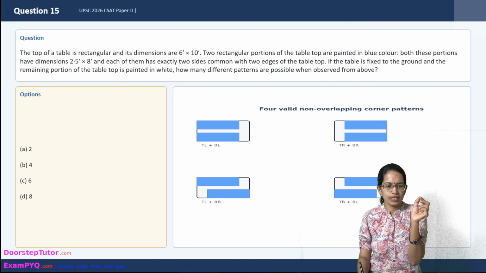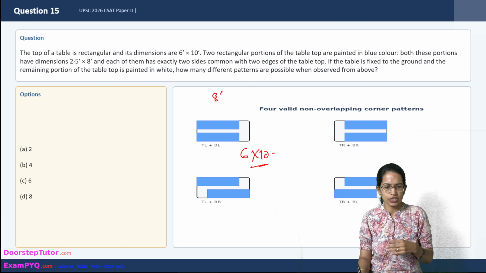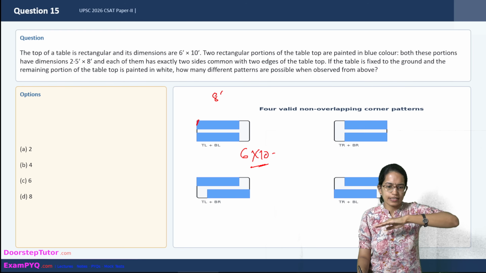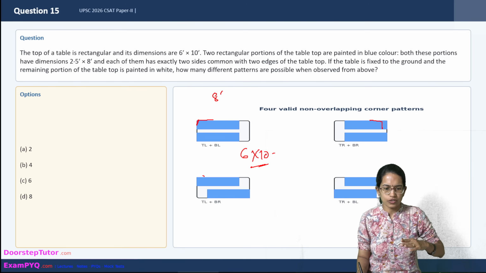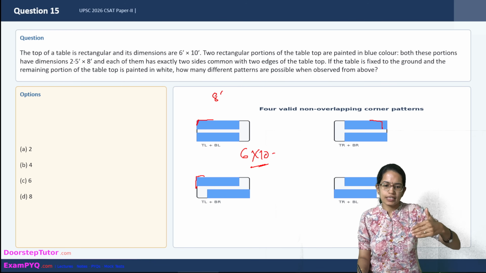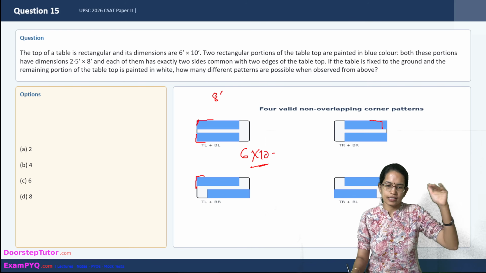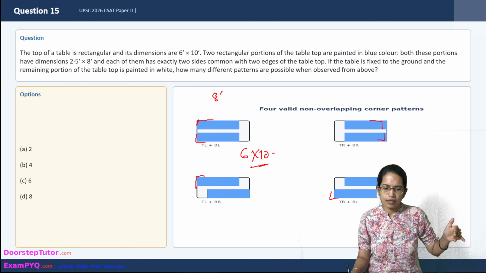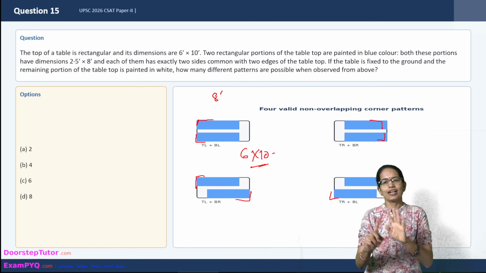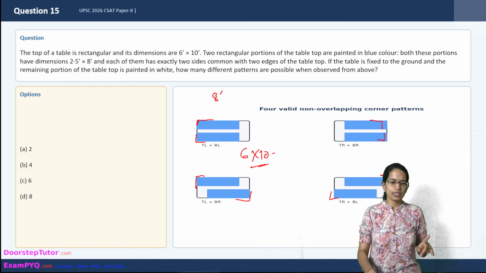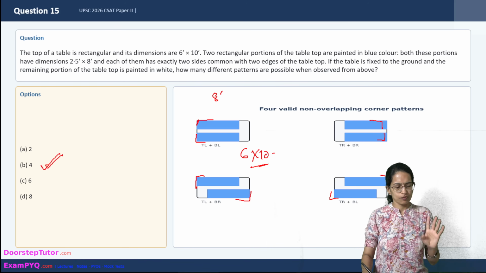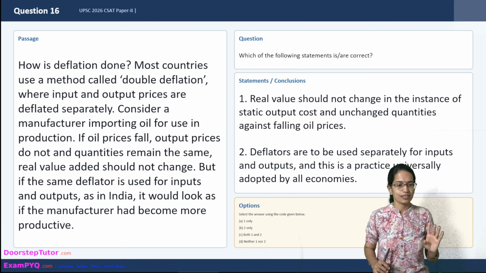Since the table is of 6 by 10 dimension, I take the 8-inch piece. This piece would either touch this corner, this corner, this corner or this corner. But with every combination, I can have the other blue piece in the same direction or in the opposite direction. Okay, so there are 4 combinations that can be done in this way, and the correct answer would be 4. An interesting question, really interesting.